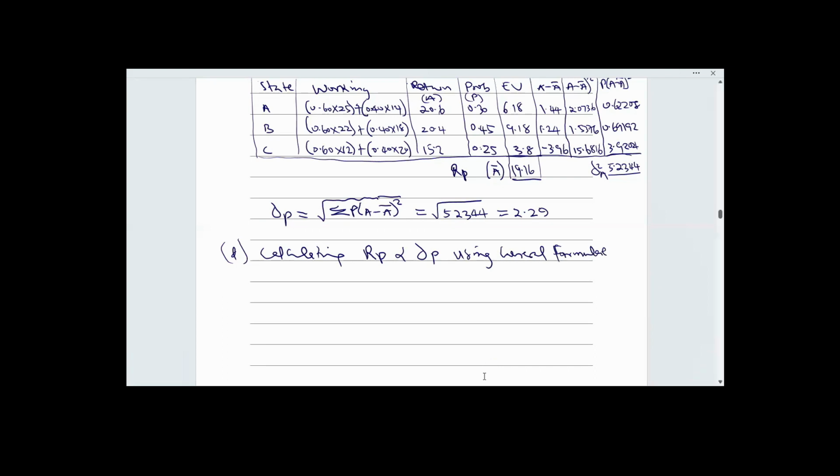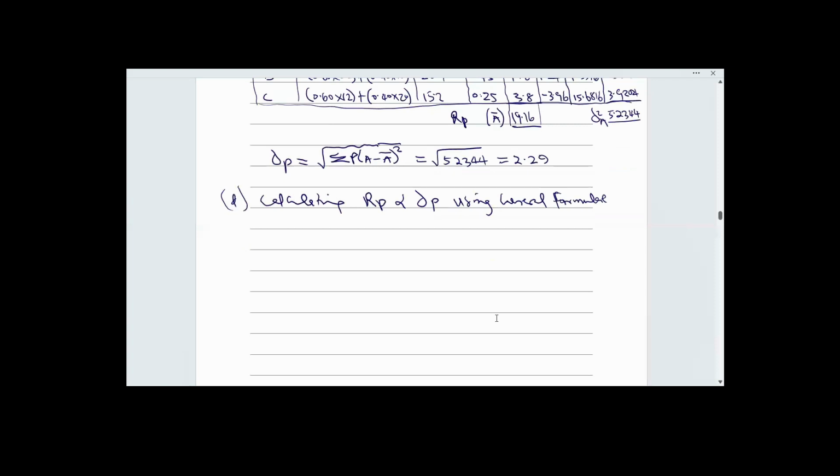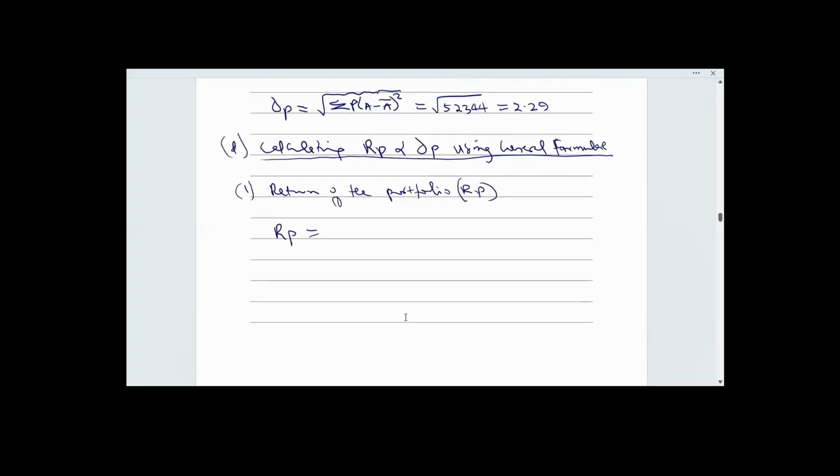So in this case, using formula to calculate the return of the portfolio, number D1, return of the portfolio, RP. By now I expected that you would have memorized the formulas I gave to you last time.